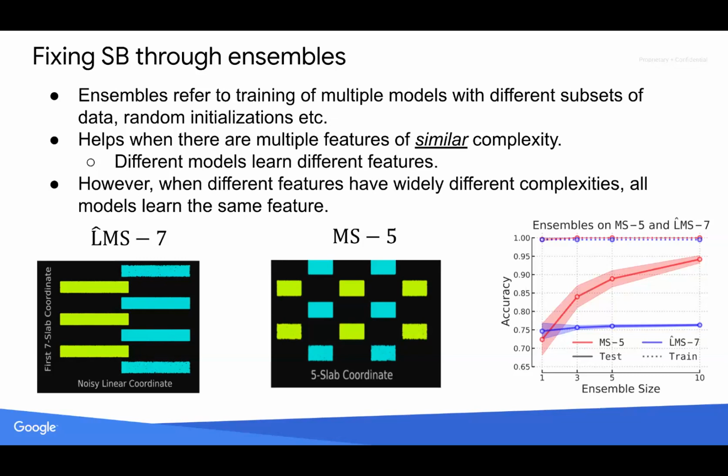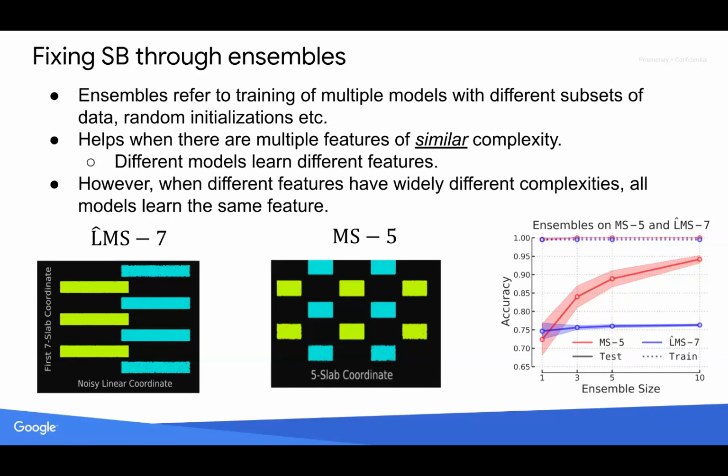So in this example in the middle, like MS5, the x coordinate is one feature, and the y coordinate is another feature. Green or yellow is one class, and then the cyan color is another class. So we can do the classification based on either only the x coordinate or only the y coordinate.